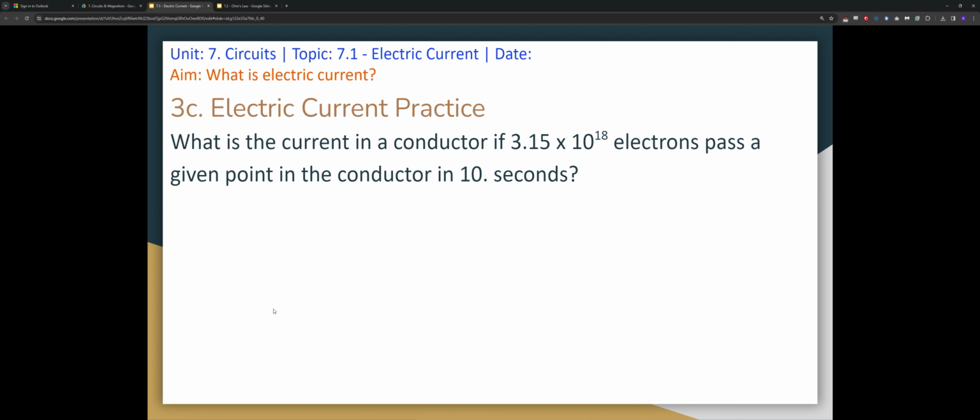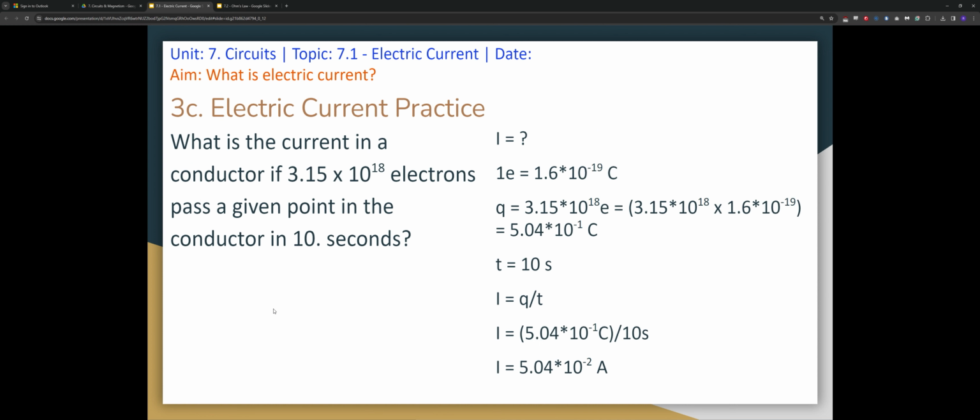We're looking for I. But this many electrons can give you a charge, because we're given a time here. Time is 10 seconds. What are we missing to solve for I? We're missing Q. So we have to convert this many electrons into charge. How do we do that?